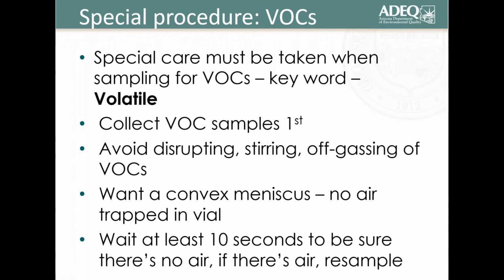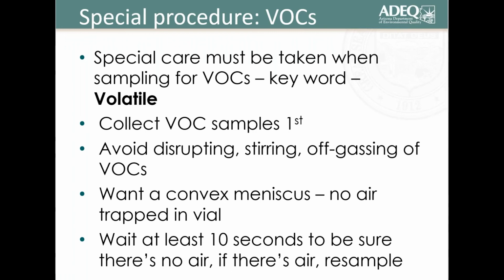Again, the idea is that we want to trap the VOCs in the water, and we want to keep them in the water all the way until the lab, right? So don't stir it, don't shake it.